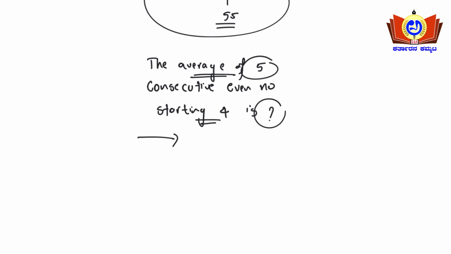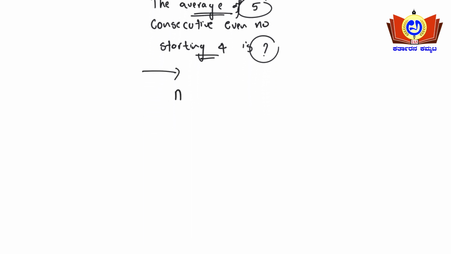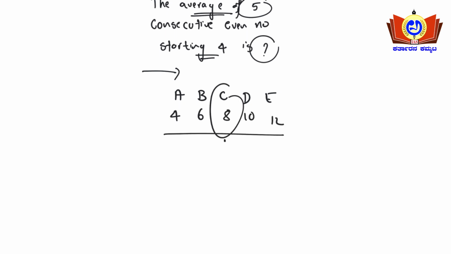Simple question, right? So, consecutive even numbers, 5 numbers, starting from 4: 4, 6, 8, 10, and 12. So the middle observation is the average here. Okay, the average is 8 here.